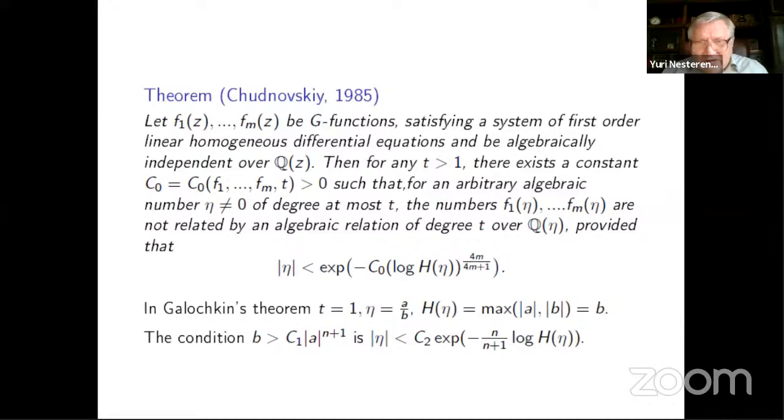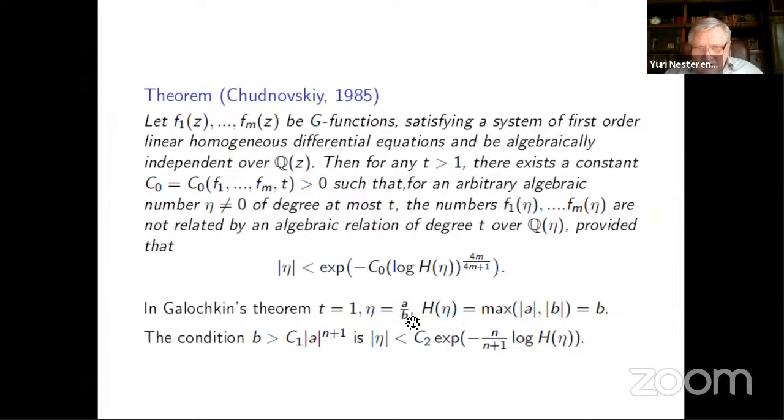If we compare this with Galochkin's theorem, this is the case of t equals 1. In Galochkin's theorem, there is a linear situation, and eta is a over b, a rational number. Height is the maximum of a and b.